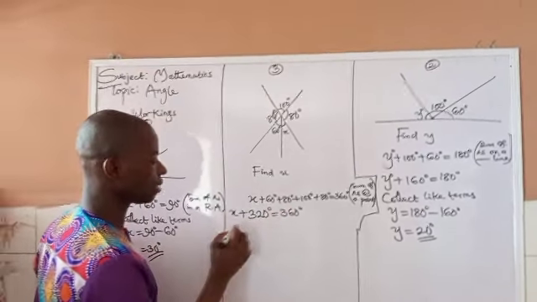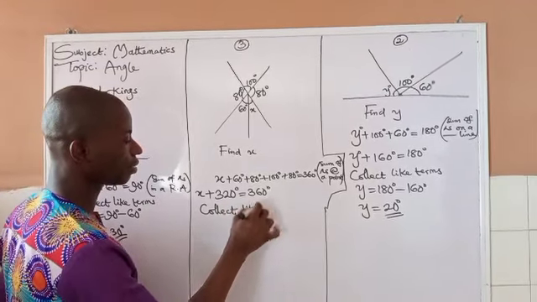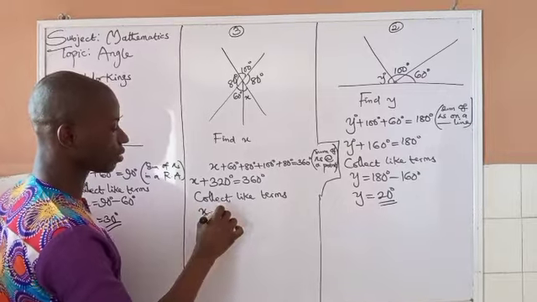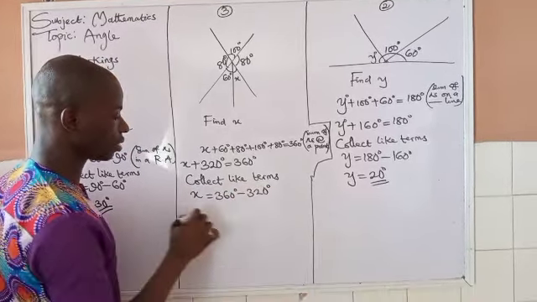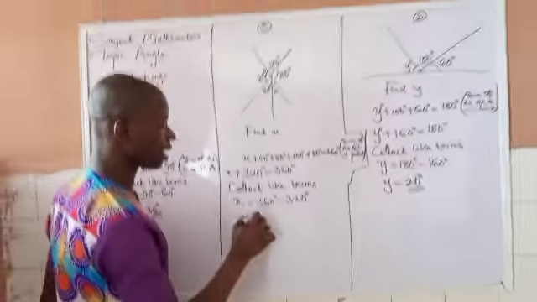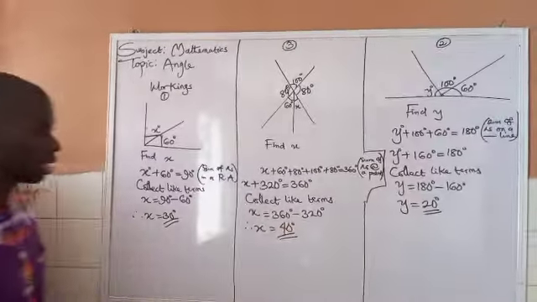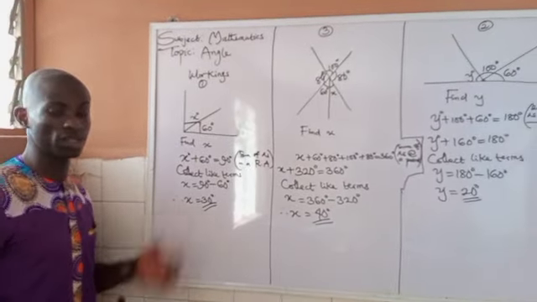Then collect like terms. Then x equals 360 degrees minus 320 degrees. Therefore, x equals what? 40 degrees. So that's all about the first three questions. So we move to the next question.